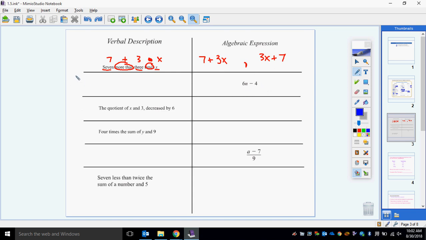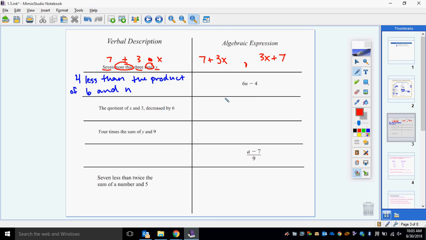There's a bunch of different things, so let's try this. 4 less than the product of 6 and n. So 4 less than, okay, that's the 4 minus the product of 6 and n. So I'm multiplying 6 and n, I'm taking 4 less than it. That one works.